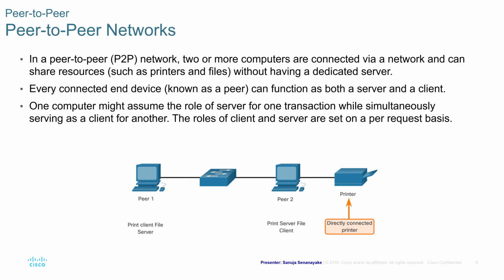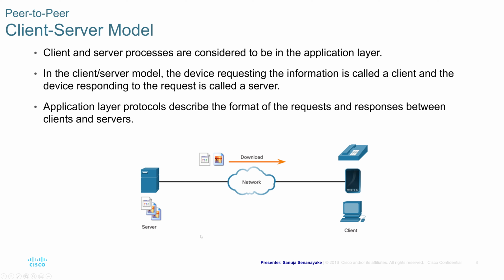Peer-to-peer networks, also known as P2P networks, have two or more computers that are connected via a network and can share resources such as printers and files without having a dedicated server. So in the previous model, we had a dedicated server doing the role of server to end clients.